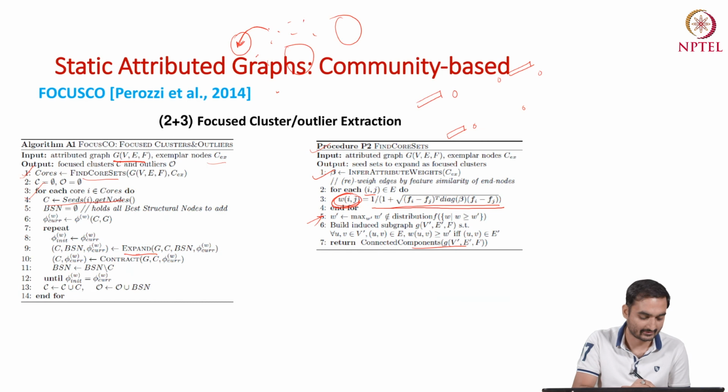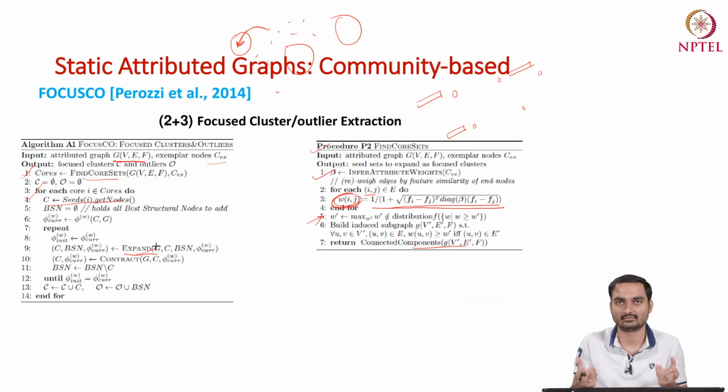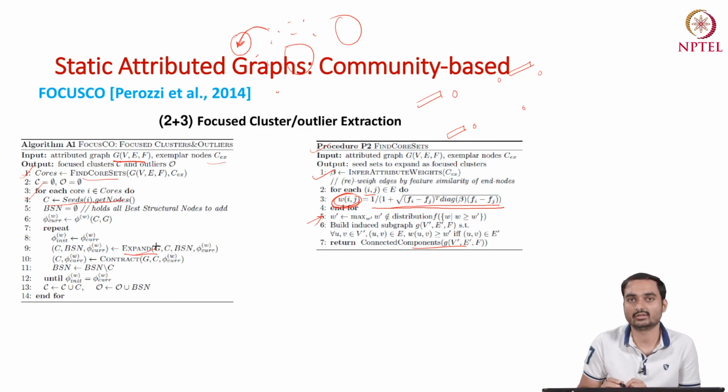Once we expand individual components, since this is a greedy algorithm, it may happen that after certain times you realize that you have added some nodes which should not have been added.